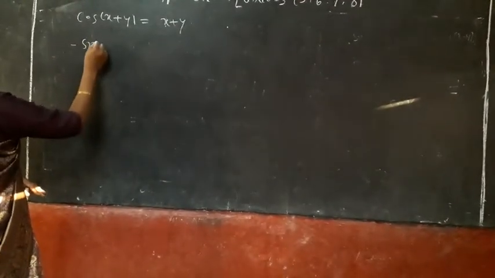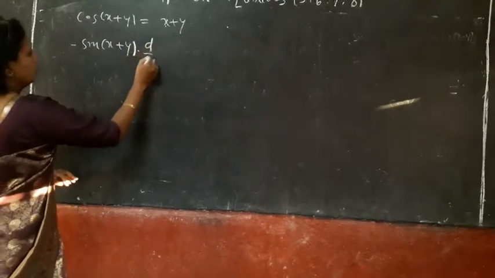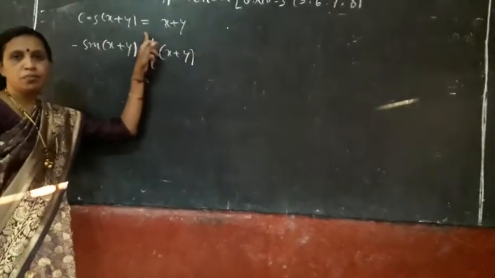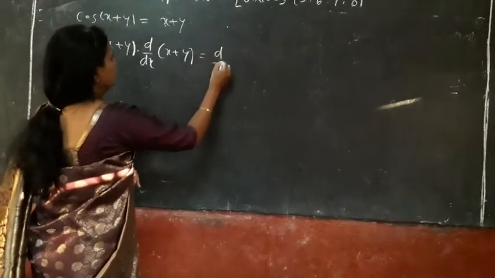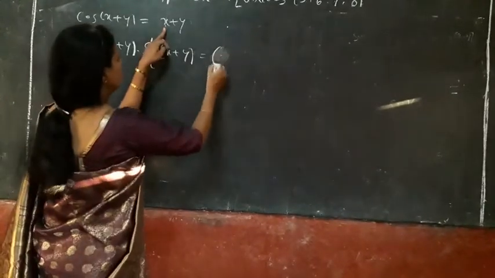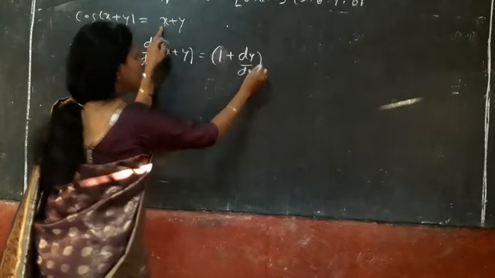Differentiating with respect to x, differentiation of cos is minus sin x plus y. Next, differentiation of the function, that is differentiation of x plus y. This is equal to differentiation of x plus y. Differentiation of x is 1, differentiation of y is dy upon dx.